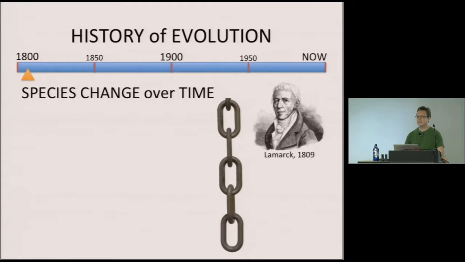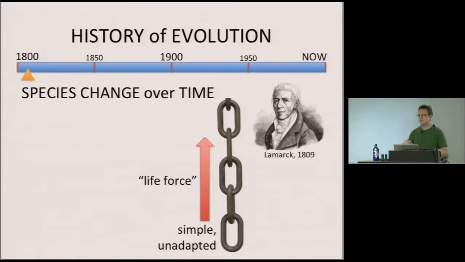He used an analogy of a chain or a ladder to explain this process. The idea was that species started out as simple, not really functioning very well in their environment, but they were there.